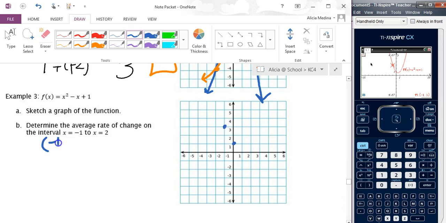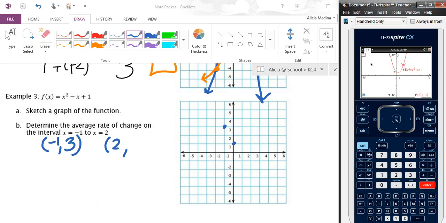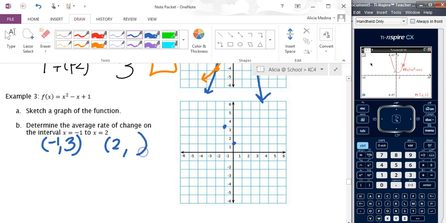So at negative 1, that's at 3. Let's check what our value is when x is equal to 2. When x is 2, my y value is 3. So this is going to look something like that.